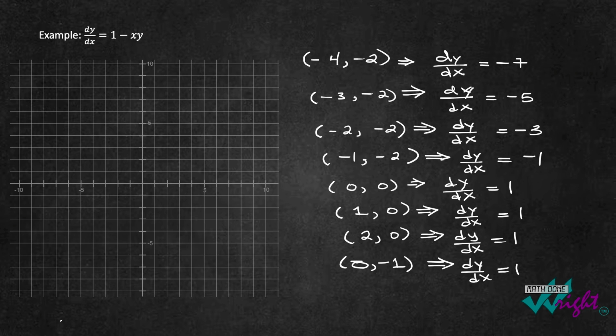So that means for all values where either x or y is 0, the product of x and y is 0, so my slope, or the derivative here, is simply going to be 1. That's very helpful to see as we go along.